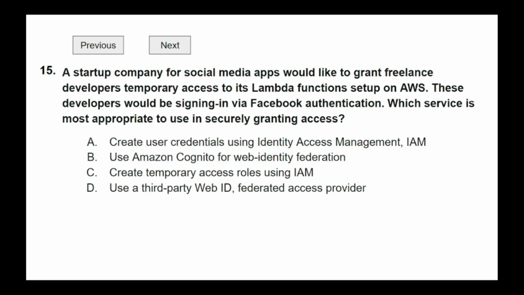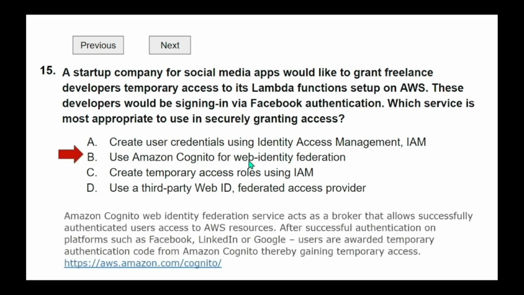Option B, use Amazon Cognito for Web Identity Federation. Option C, use temporary access roles using IAM. Option D, use a third-party web ID federated access provider. So definitely it's use Amazon Cognito.